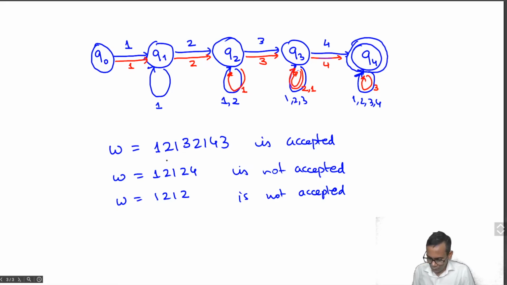Okay. So now a language is called A-regular or automaton regular if it is accepted by a deterministic finite automaton.